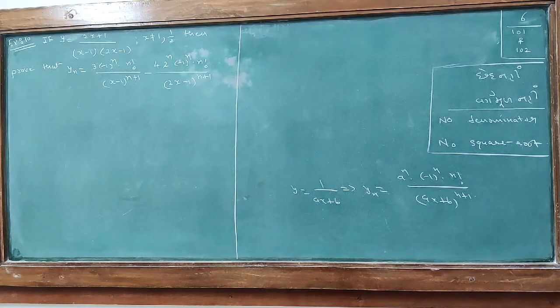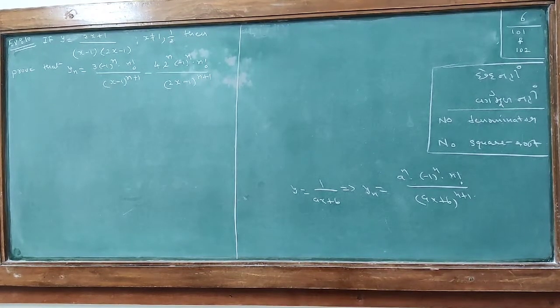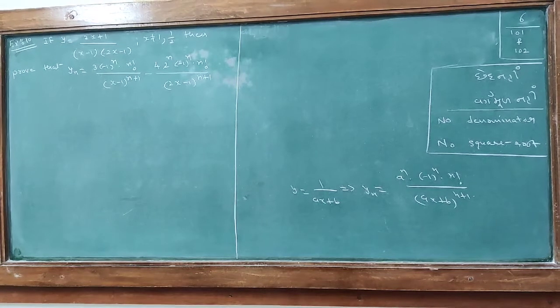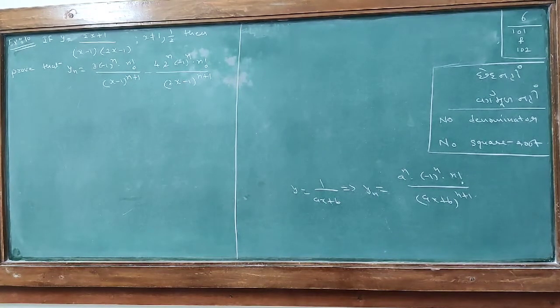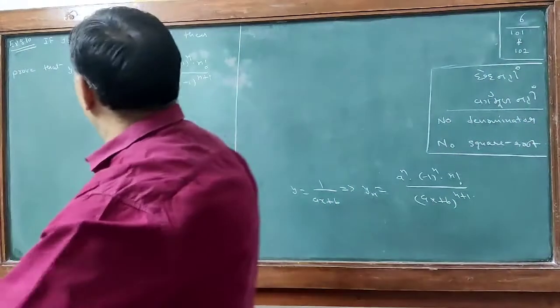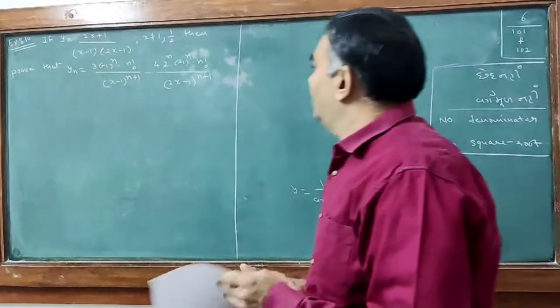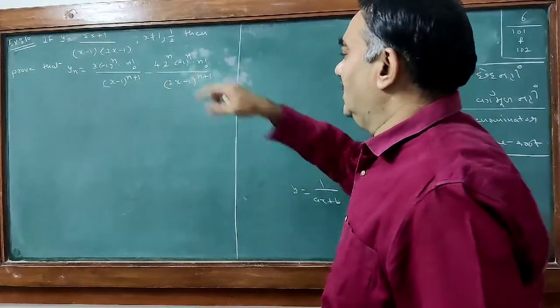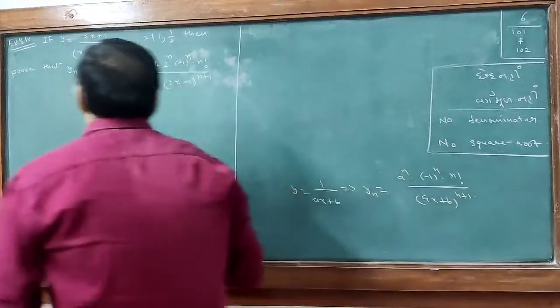See that? If y equal to 2x plus 1 upon x minus 1, 2x minus 1, x not equal to 1, 1 by 2, then prove this. Answer.